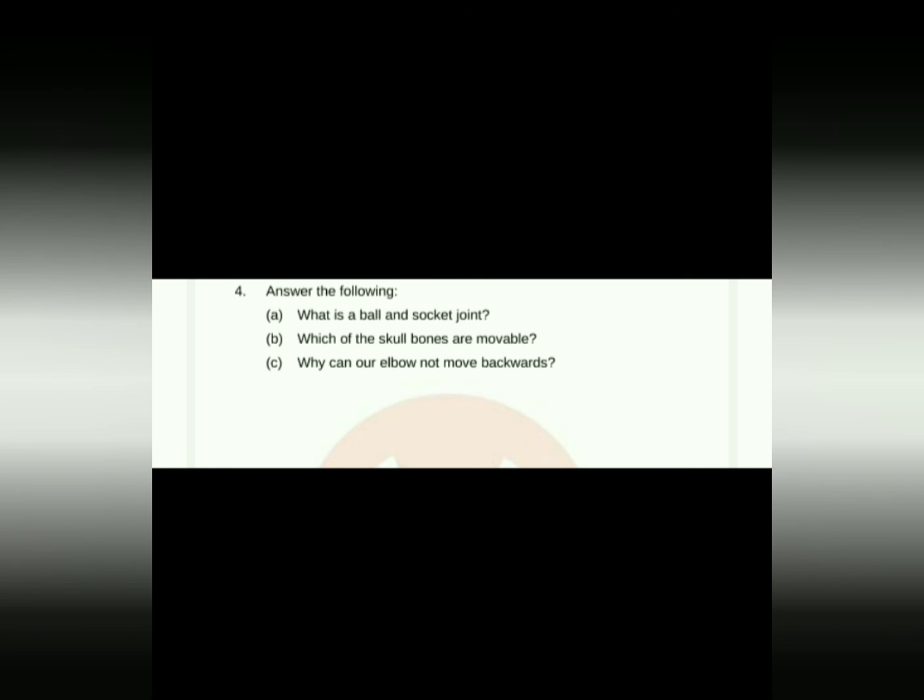Why can our elbow not move backwards? We can move our elbow in backward and forward direction. But why can't it move backwards? The answer is elbow and knee are the hinge joints of the body. They can only move back and forth in 180 degrees.